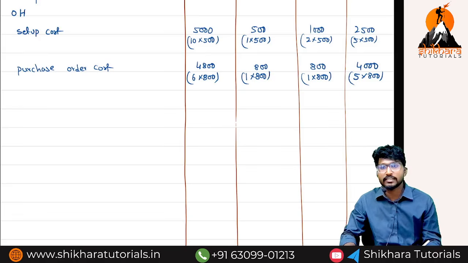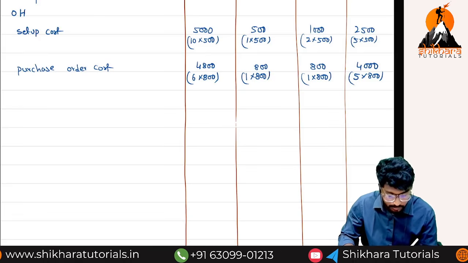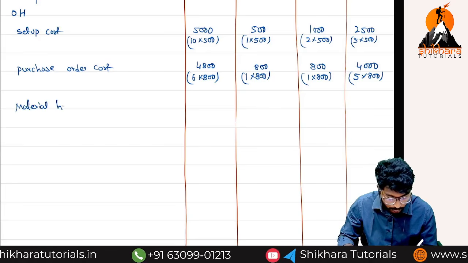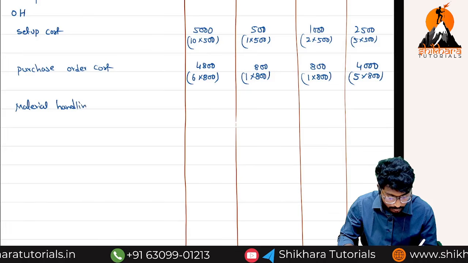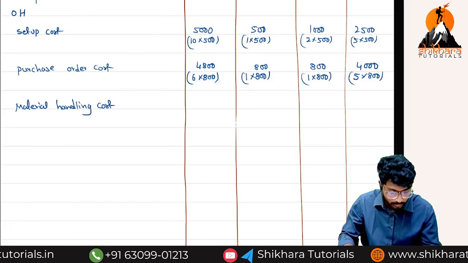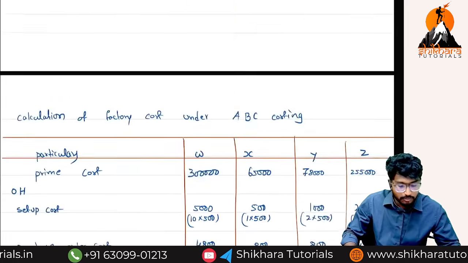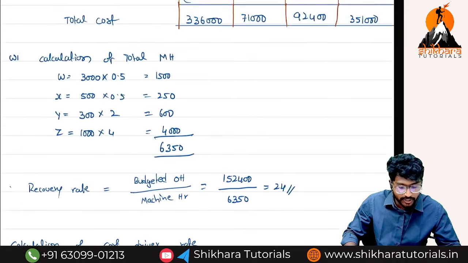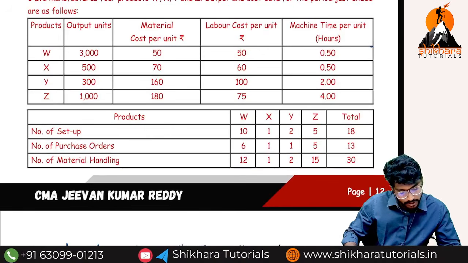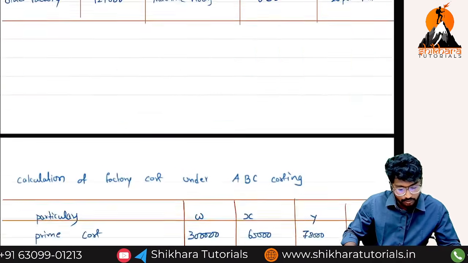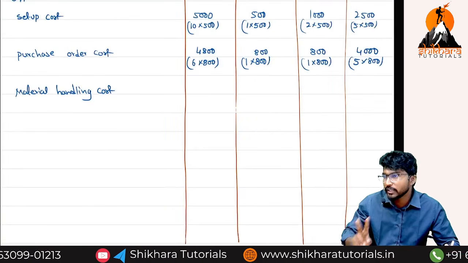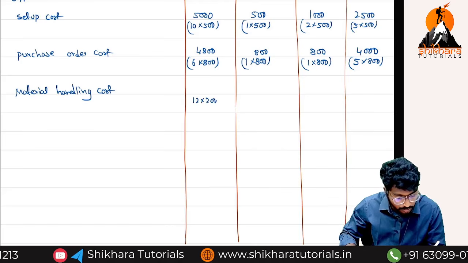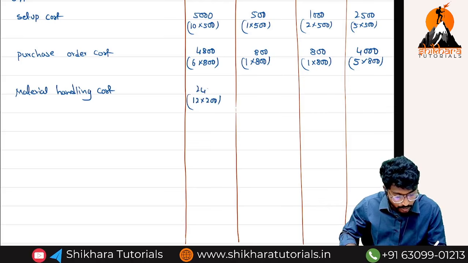Next, what is the next cost? Material handling cost. For material handling how much? 200. Now out of total materials, how many handled by W? 12. For W we handled 12 types of materials, that is 12 into 200, 2,400.